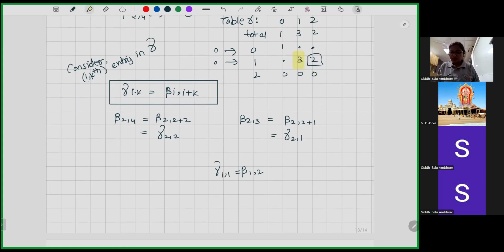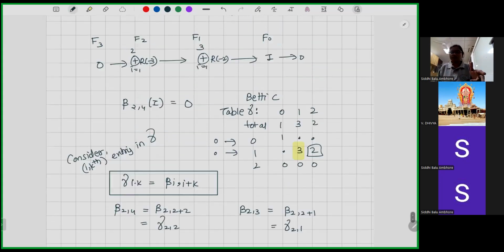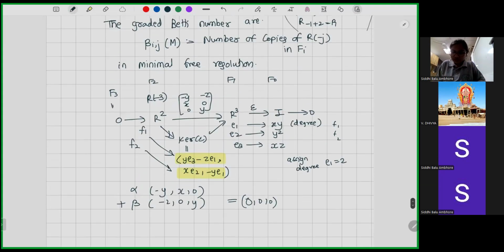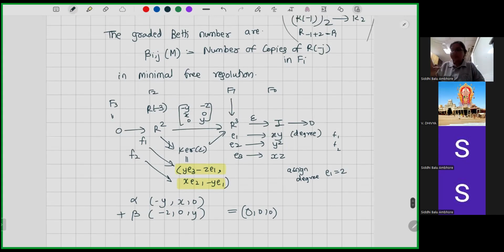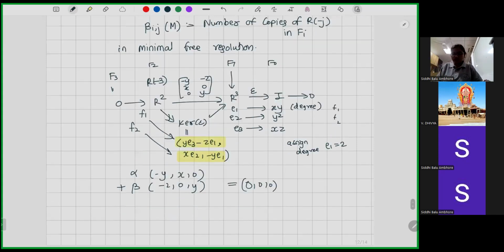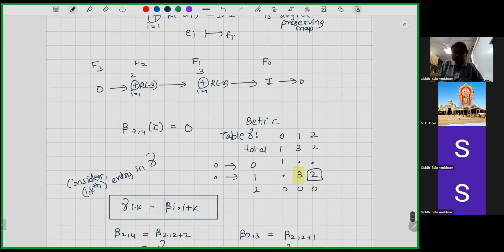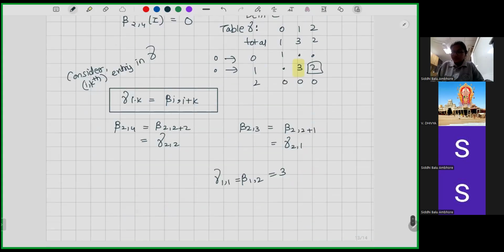It means in F1, there are how many degree 2 terms? So F1, which is this, how many degree minus 2 components are there? It's 3, right? So that's what we are getting here.